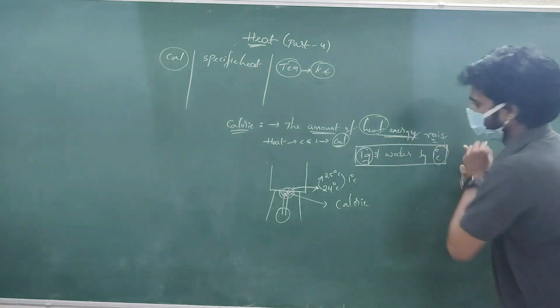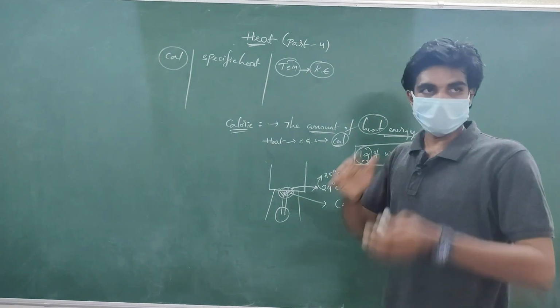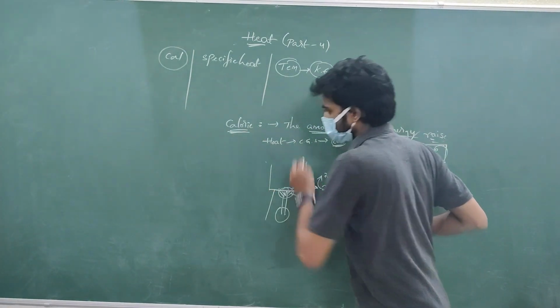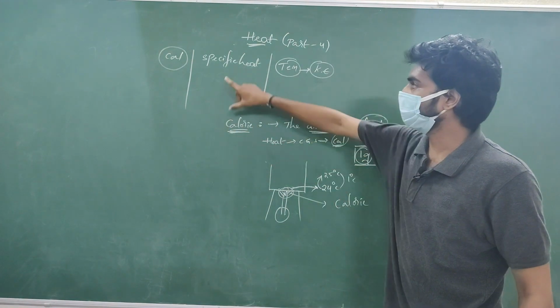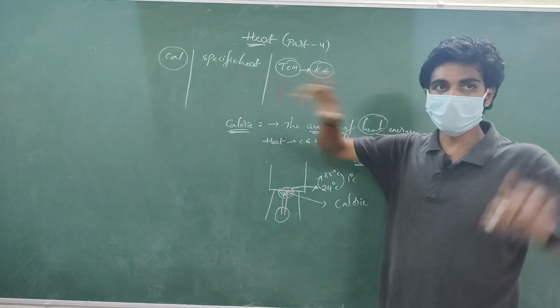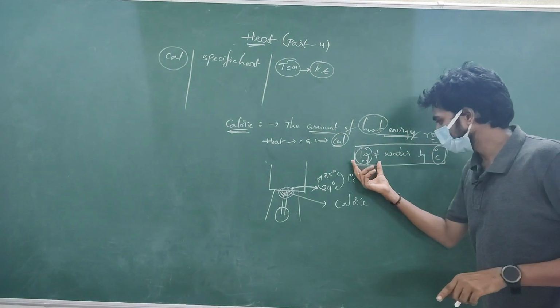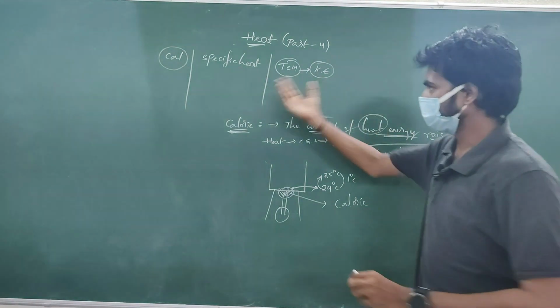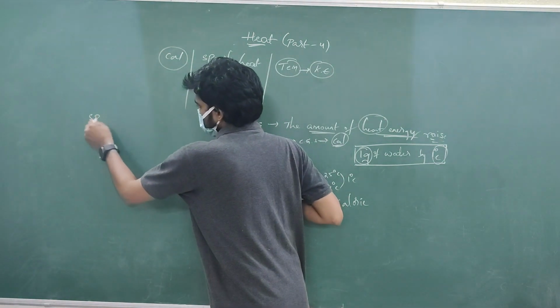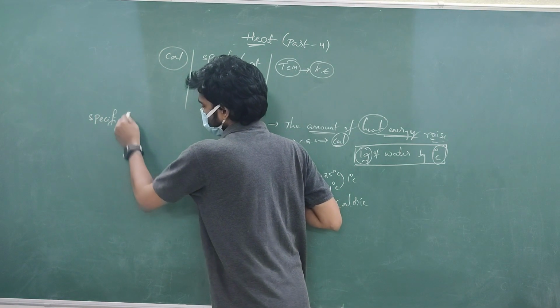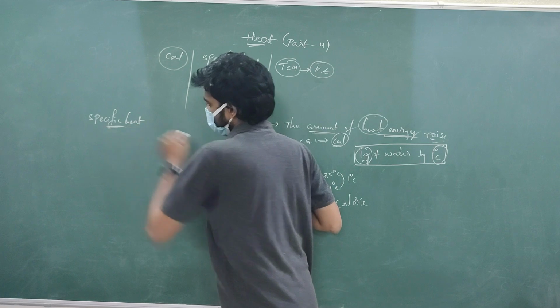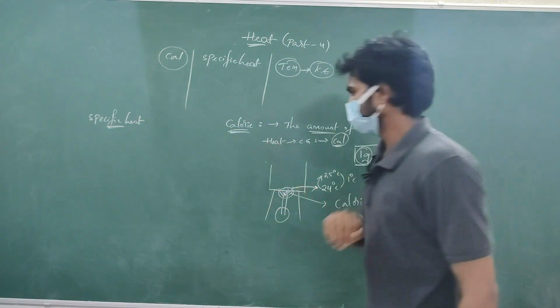Just observe it carefully, because you might get confused between the definition of a calorie and the specific heat, because they have a similar definition. But there may be a little bit of difference. Let me write the definition of specific heat first. If you look into specific heat, the definition is also the same.